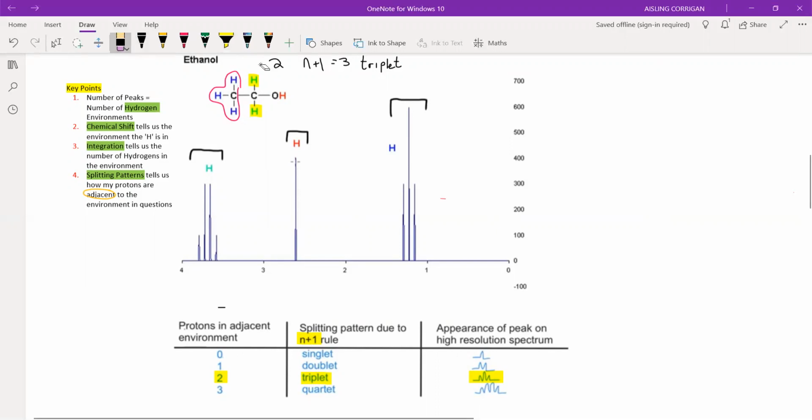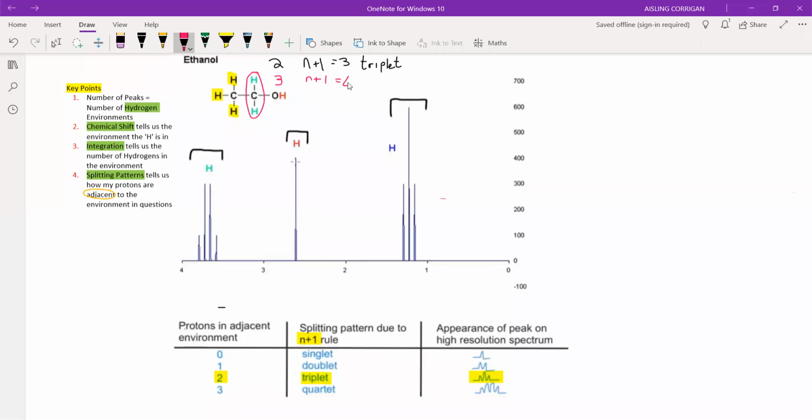So that's that environment. I want to look at the CH2 now and what that means. So the CH2 environment is over here. We see that there's 1, 2, 3, 4 splitting patterns. And where does that come about? Well, that tells us the protons that are adjacent to it. So I've got 1, 2, 3, so I've got 3 protons. There's the n+1 rule, which means it's going to be 4.